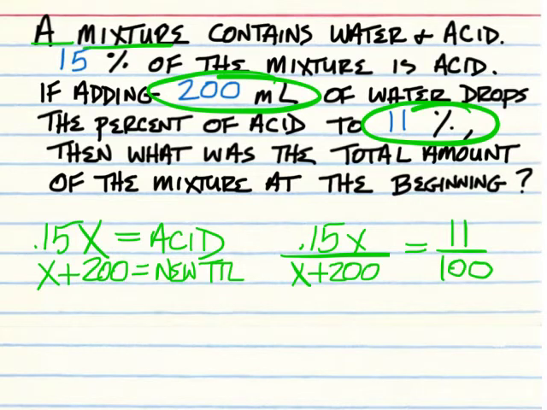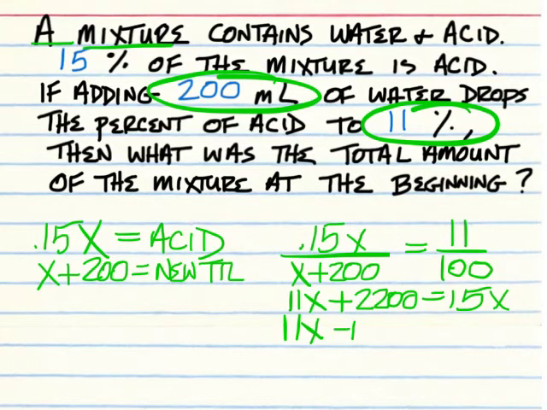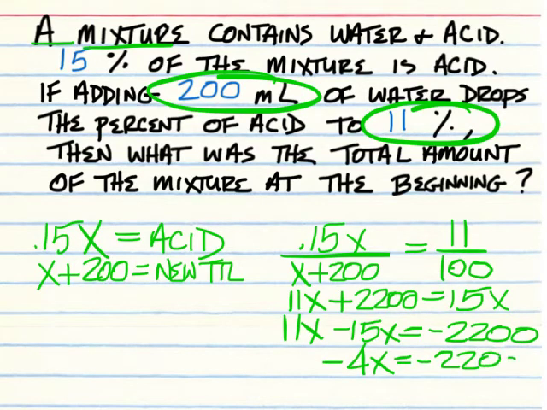And cross multiply to get 11x plus 2200 and set that equal to 15x. 11x minus 15x and set that equal to a negative 2200. That's a negative 4x equals negative 2200.